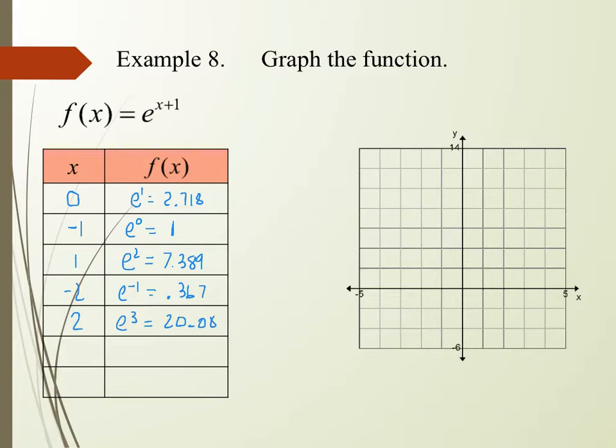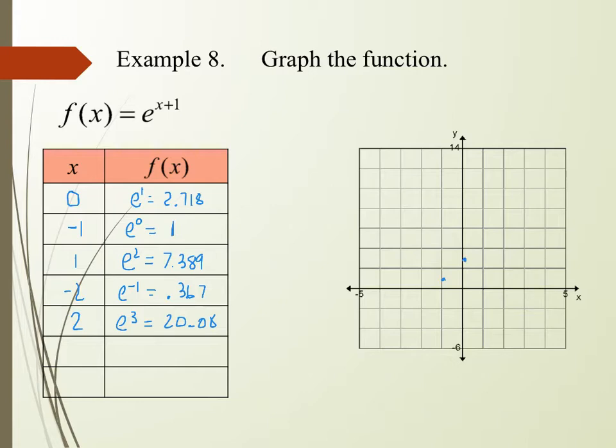If we look at the numbers, the two major numbers that we're going to look at is when x is minus 1, we're at 1. And so in this case, we're right here. When x is 0, we're at approximately 2.7, almost 3.